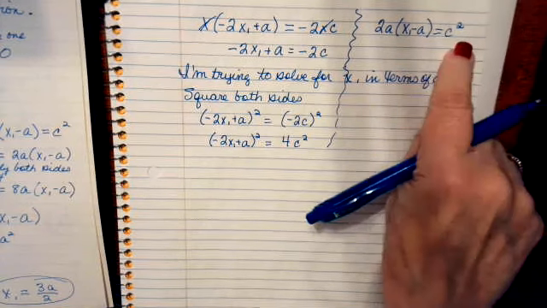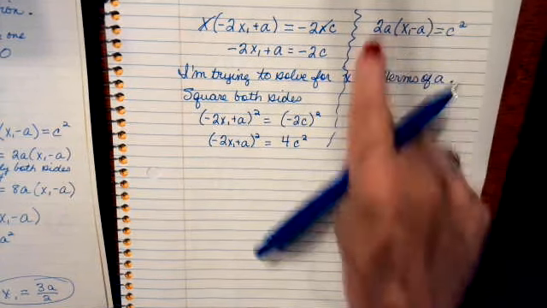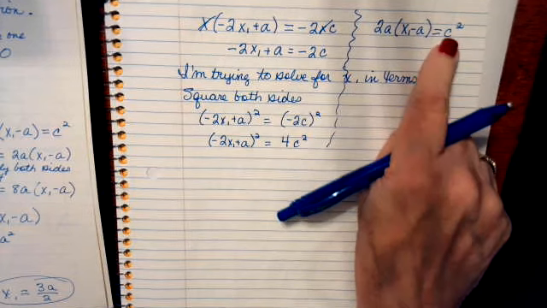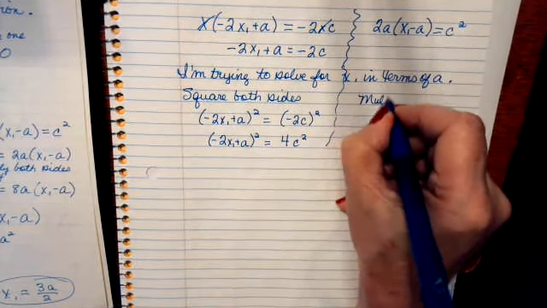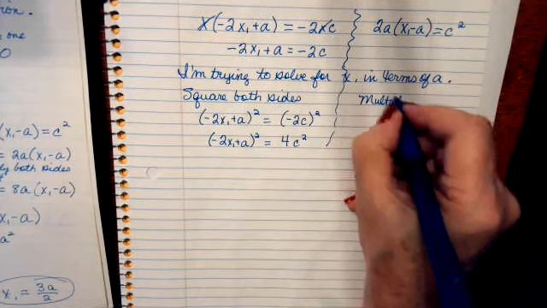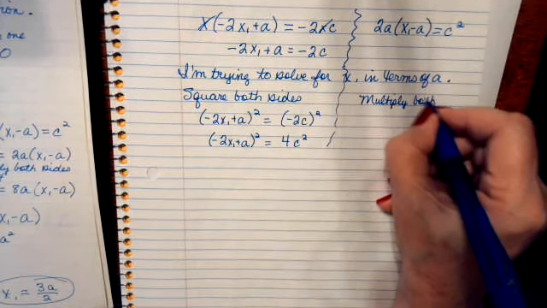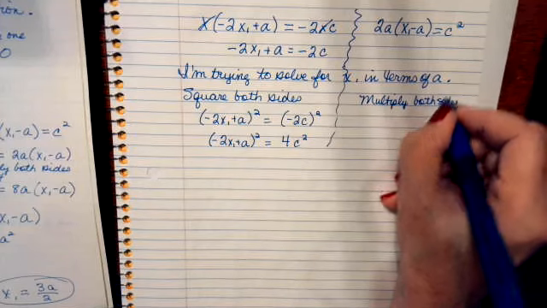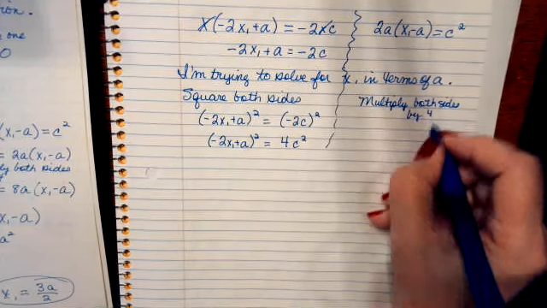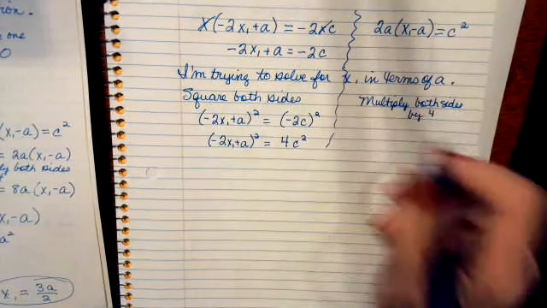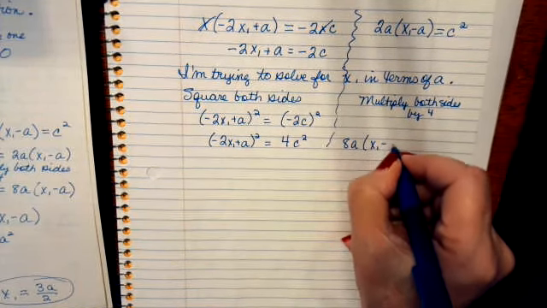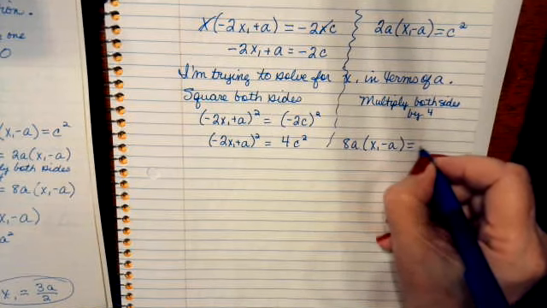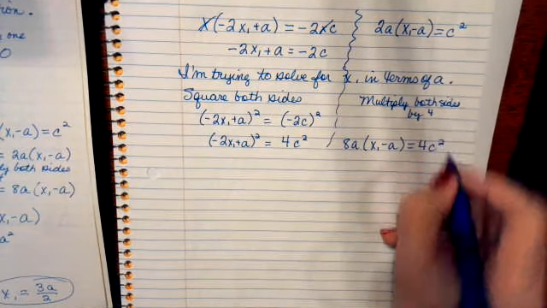Over on this side, working with this equation, let's multiply both sides by 4, and I'll get 4 times 2a is 8a times x1 minus a equals 4c squared.